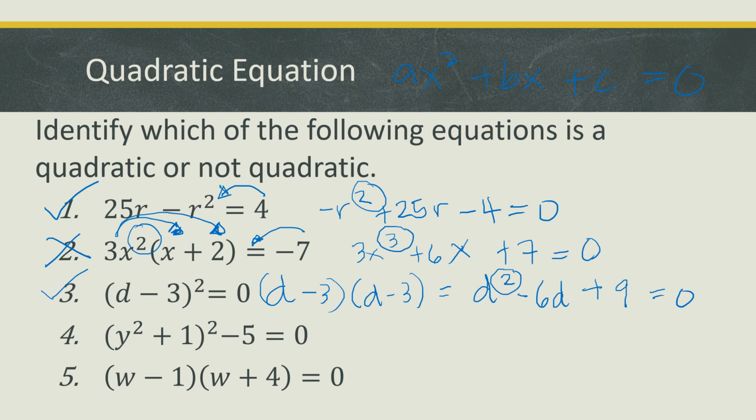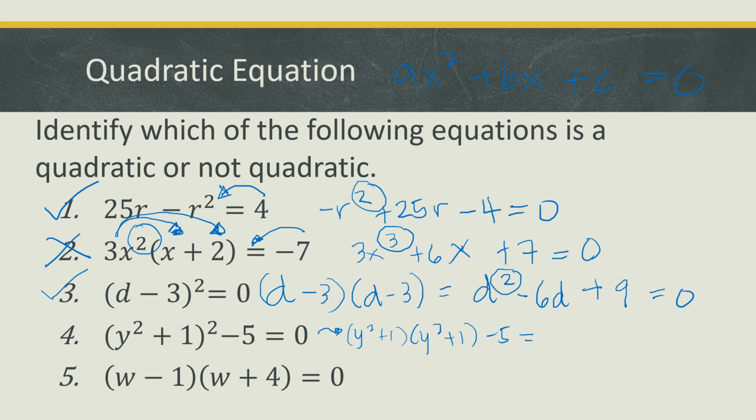Number 4, let us simplify now the square that we have. We have y squared plus 1 squared, and that is y squared plus 1 times y squared plus 1 minus 5. So that will become y squared plus 1 times y squared plus 1.